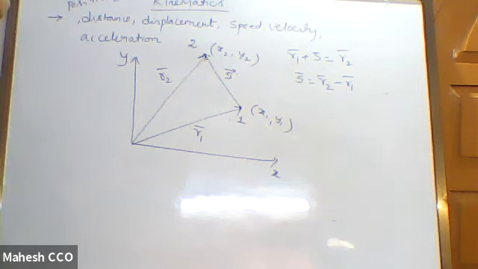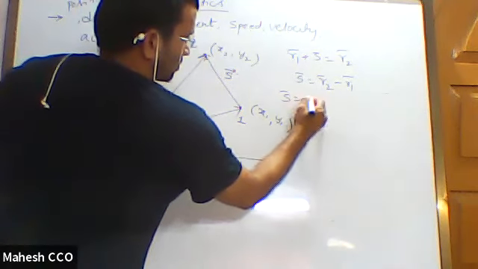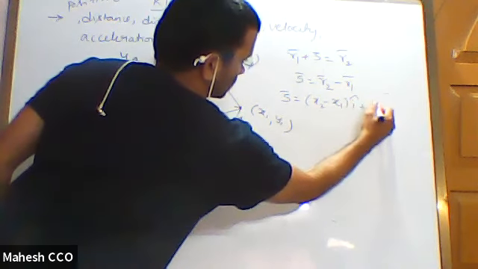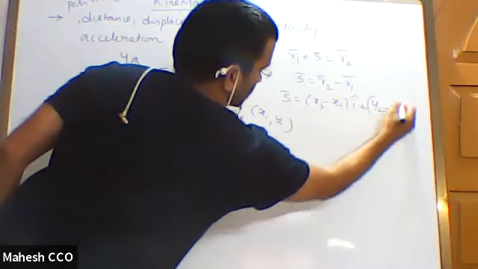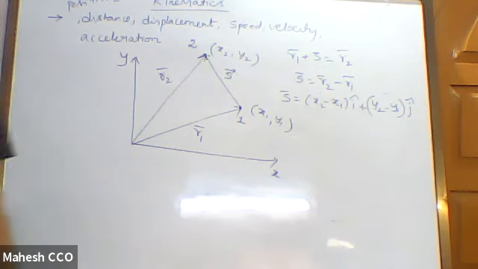So similarly, suppose you have to write it in x1, x2, y1, y2 form. It is given by x2 minus x1 i cap plus y2 minus y1 j cap. That is how you can write the displacement.